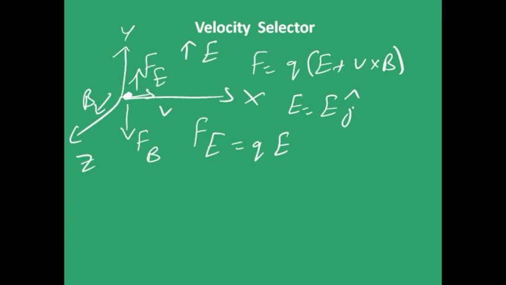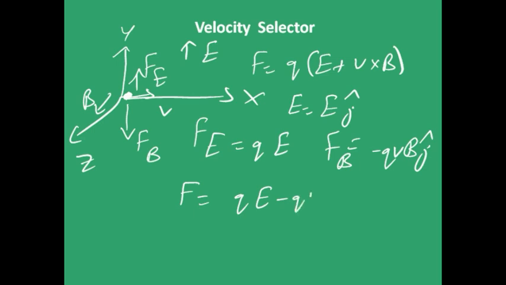So it will be minus qvB j. The magnetic force is acting in the negative j direction, negative y-axis direction. So my net force is qE minus qvB, in the j direction towards the y-axis.